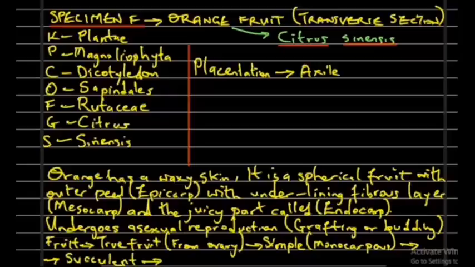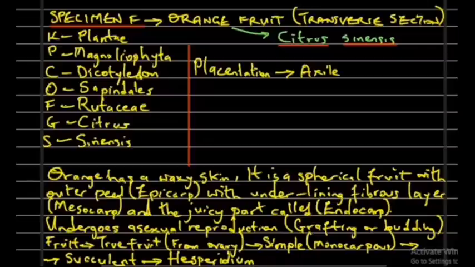And lastly, it falls under the Hesperidium. So this is the classification of this particular organism. It is a true fruit, because it is from the ovary, and it belongs to the simple monocarpous fruit, a succulent fruit, as well as a Hesperidium.